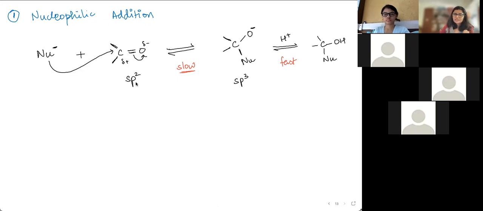Forming, like this conversion of sp2 to sp3, is the main part of the reaction. So this particular intermediate is called Alkoxide Intermediate, and sp3 hai, isliye this is tetrahedral alkoxy intermediate.